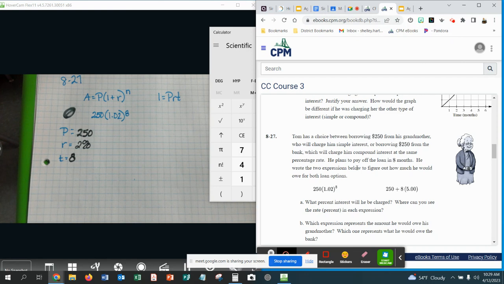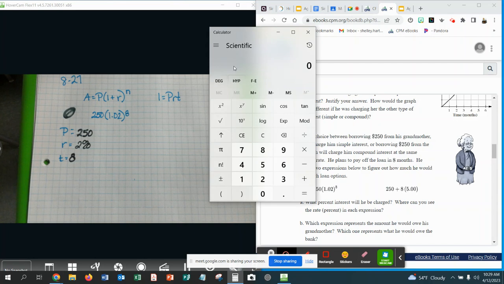Okay, you've got it. Who else has it? Calculator out. Who else got it? Miss Donate, do you have it? You got 40? You got 40 as well? Okay, so 250 times 1.02 special button 8.